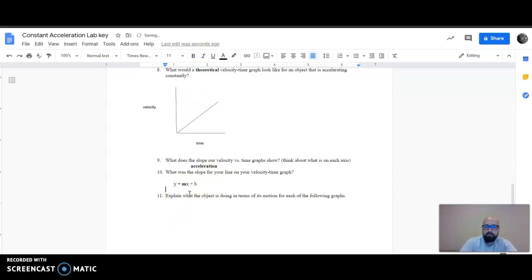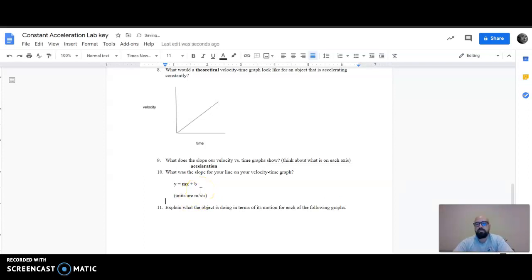So report that. And you could now start to think about if slope is acceleration, then the units for that are meters per second squared. So if you give me the number, you can start to add units to it to really show me that you understand.